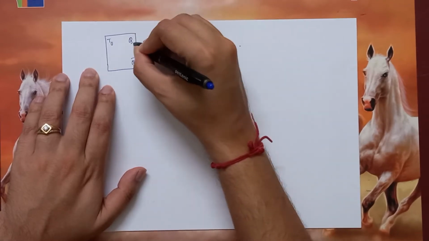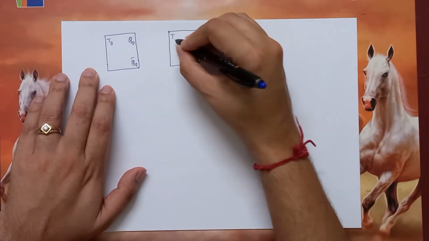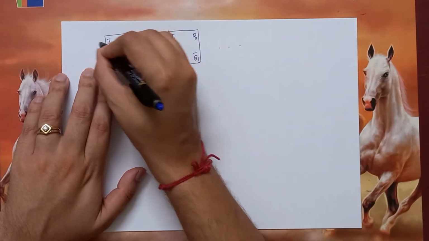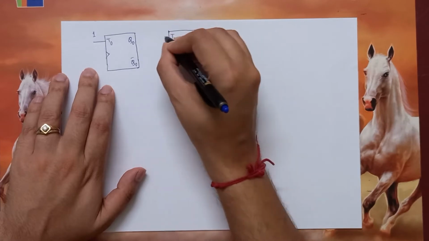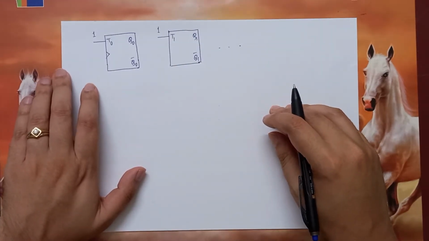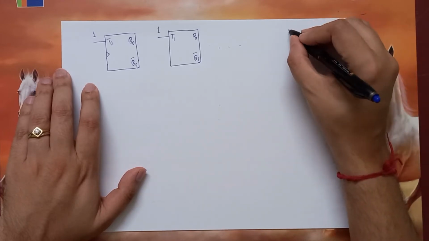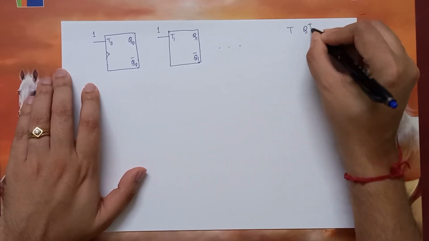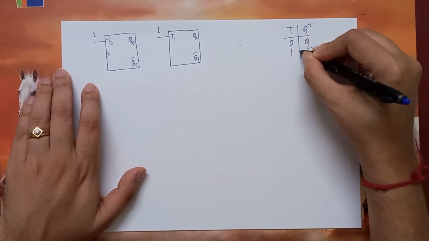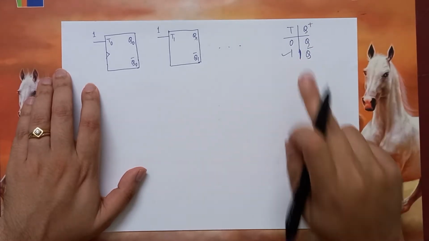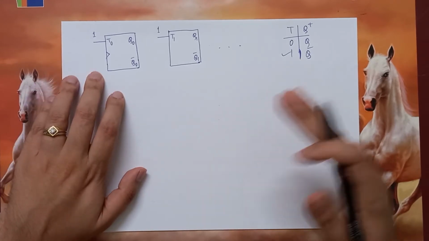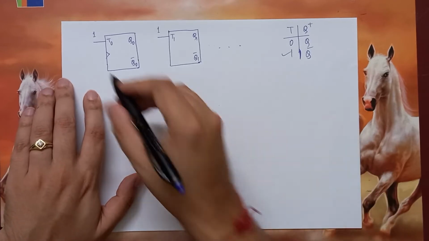So we'll call these T0, Q0, Q0 bar, T1, Q1 and Q1 bar, where we are essentially tying the T input of both the flip-flops to 1, thereby making use of the toggling phenomenon that is available in the T flip-flop. So if we put T as 1, then the next state will always be the complement of the present state, and that is basically the thing that we are using for counting.